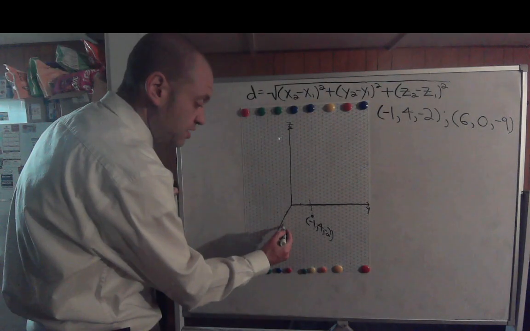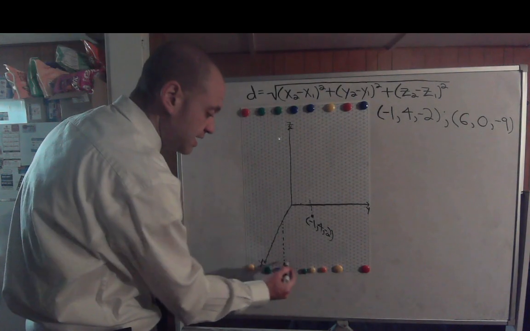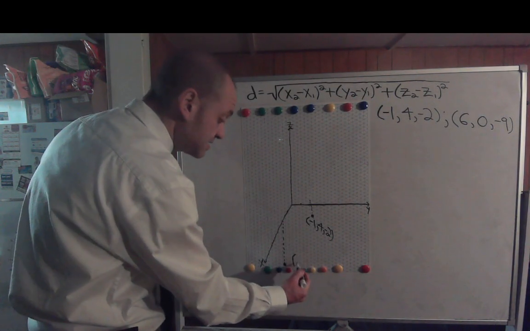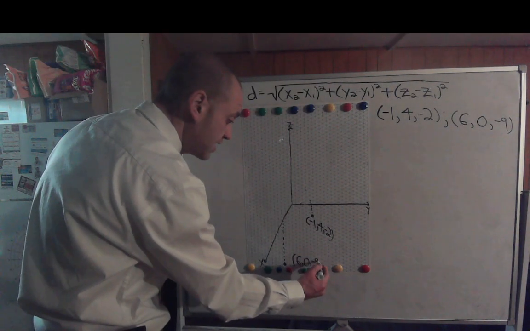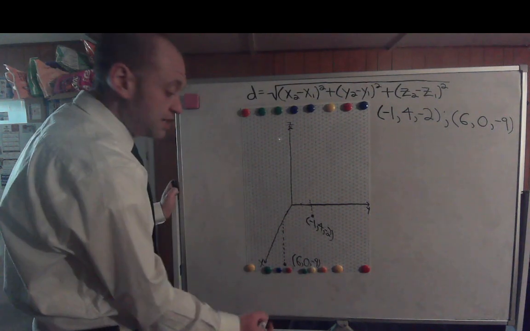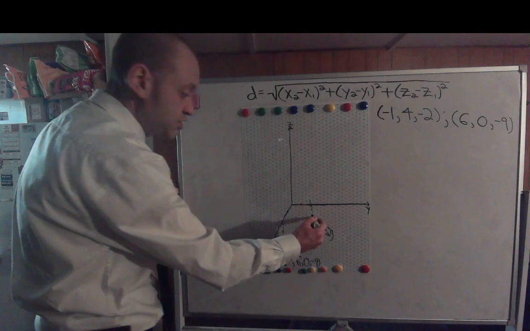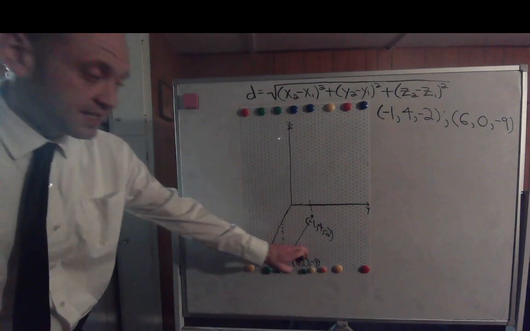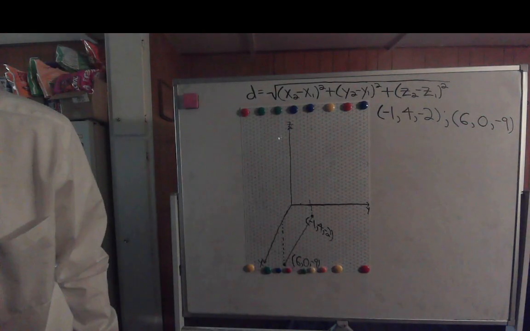So we'll draw our dotted line. That'll put us about right there at 6, 0, -9 for that ordered triple. And if you like, you can draw a line to connect these 2 points, because that distance is also the length of that line in space, that line segment.